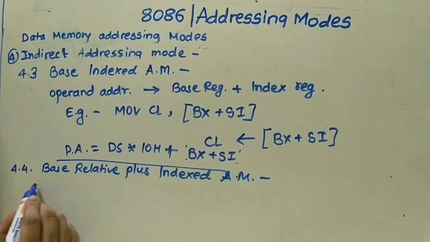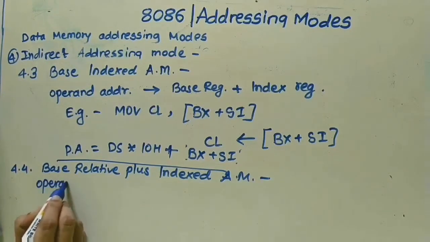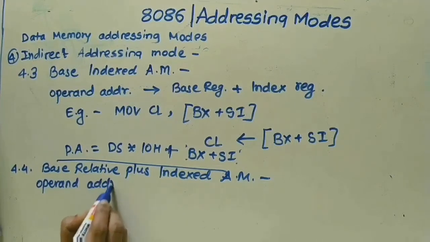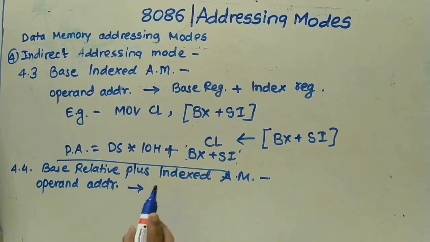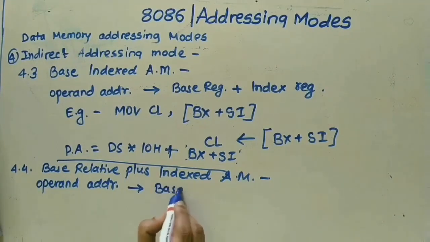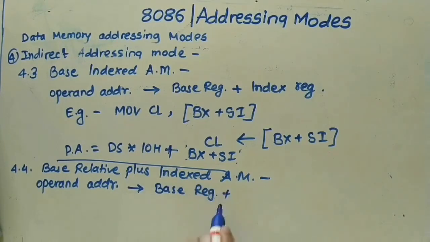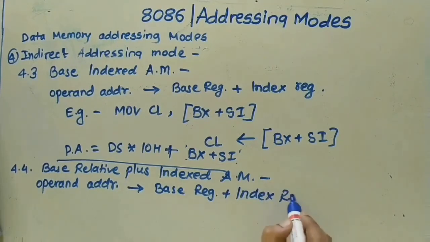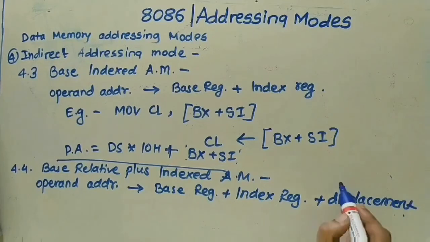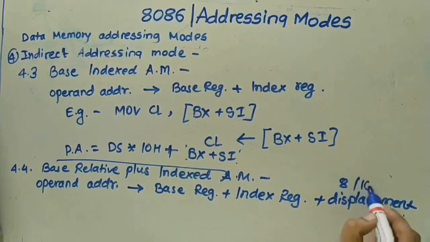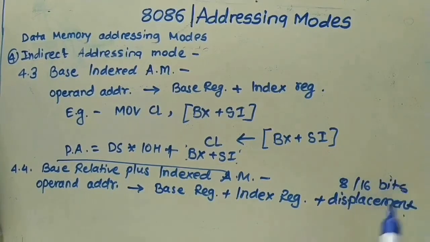Here the operand address is specified by the base register plus the index register plus displacement. This displacement may be an 8-bit or 16-bit displacement.